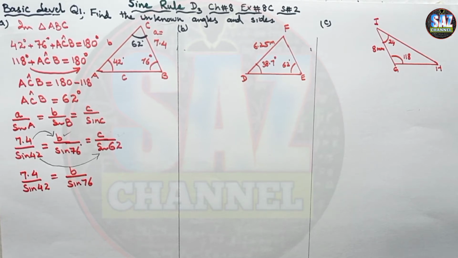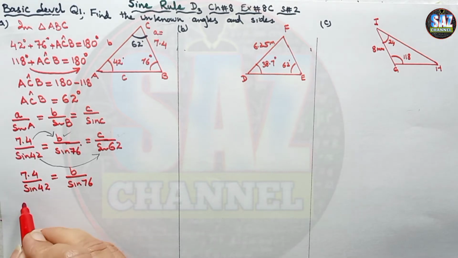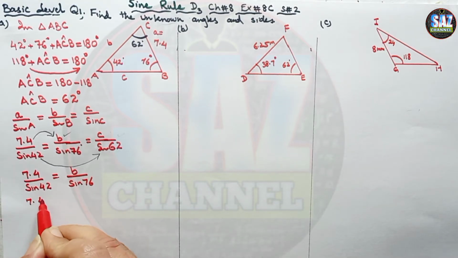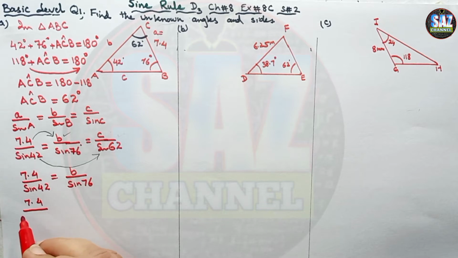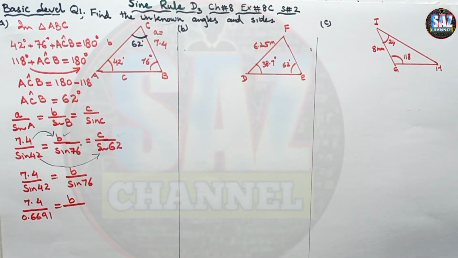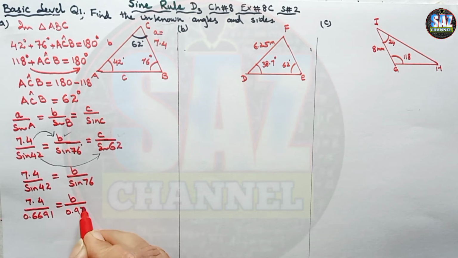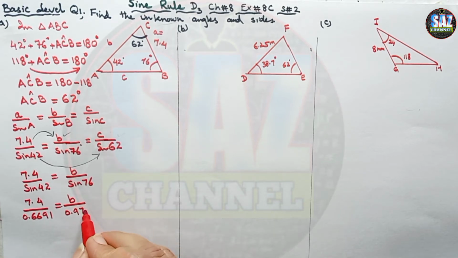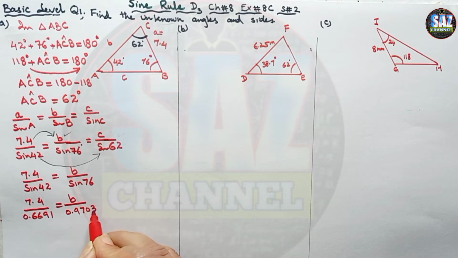For sine 42, the mode of the calculator must be in degrees, and it gives me 7.4 upon 0.6691 equals b upon sine 76. Sine 76 gives me 0.9703.